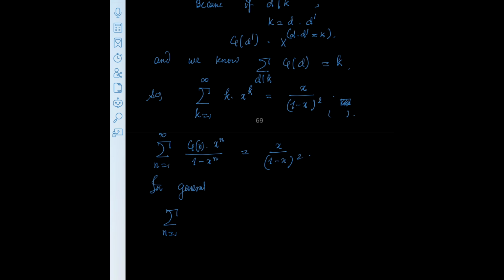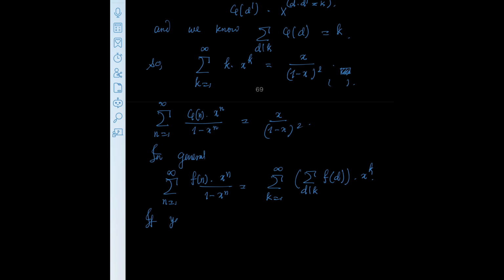So I can tell you in general what is happening. The sum over n from 1 to infinity of f n times x to the power n by 1 minus x to the power n is the sum over k from 1 to infinity of the sum over d dividing k of f d, times x to the power k, for any arithmetic function f.